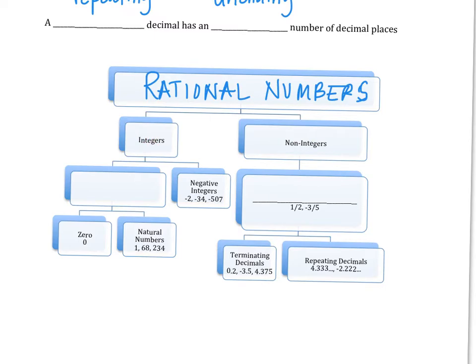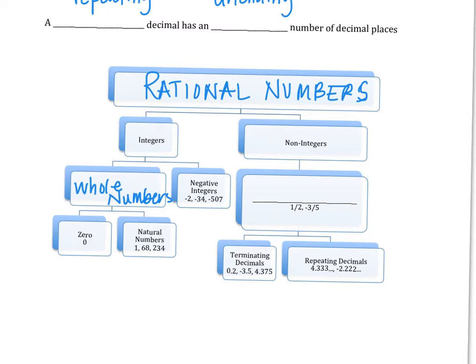Integers would be whole numbers, and negative integers would be included in that. Integers, whole numbers, negative integers, the number 0 is included in that, and natural numbers, which are all the numbers 1 or more.